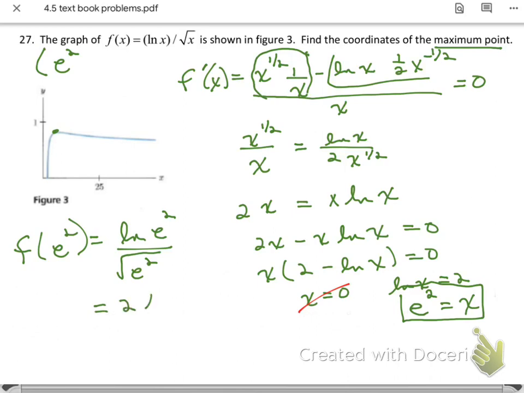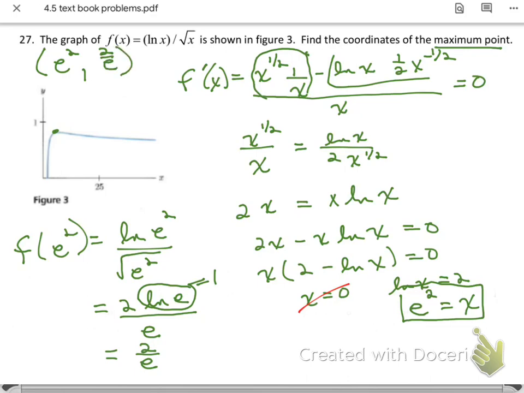So that's 2 ln e. And if I take the square root of a squared term, don't I just get an e back? Okay, and don't I know that natural log of e, this whole thing, is going to equal 1. So my y value is 2 over e, and that is the point I was looking for.